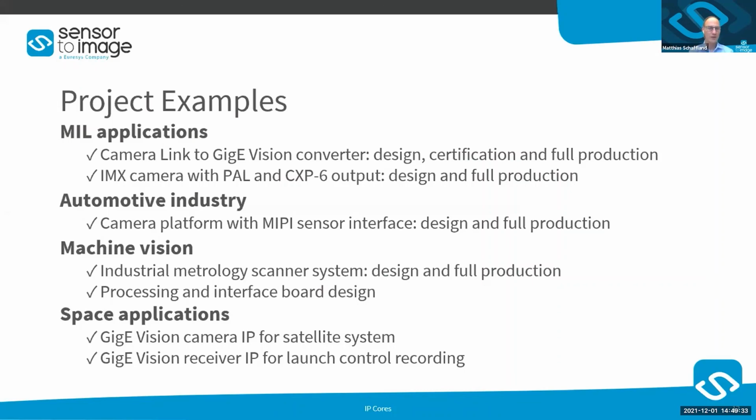Machine vision, industrial metrology, scanner systems, design and full production, and various processing and interface board designs. And finally, we are also present in space with the GigE Vision IP, for example, for a satellite system, but also for a receiver system where we supported a launch control recording system.